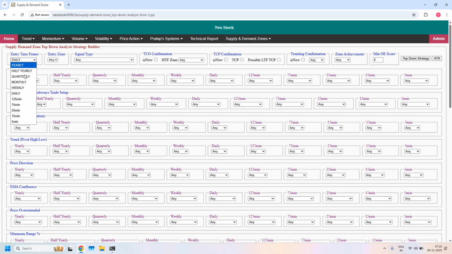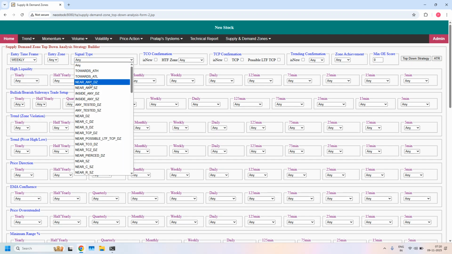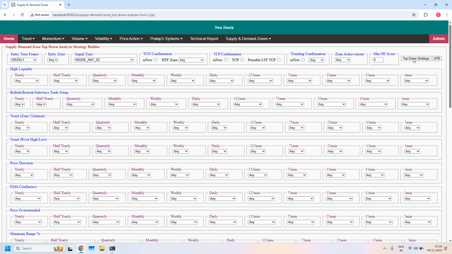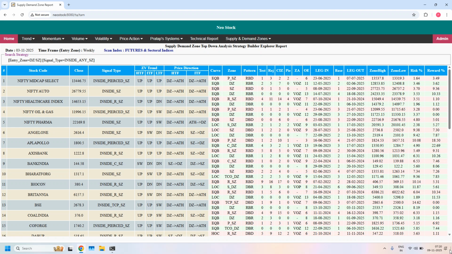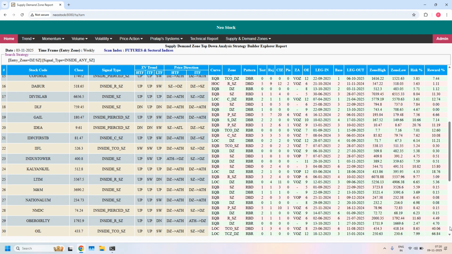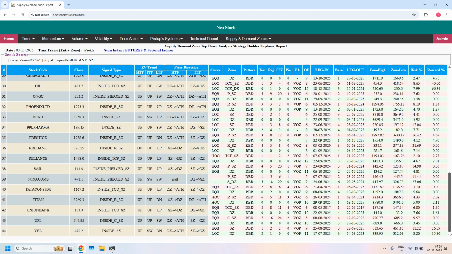Price closed inside the weekly supply zone. First 15 stocks in the list. Scrolling the list down. Total 44 stocks are filtered.